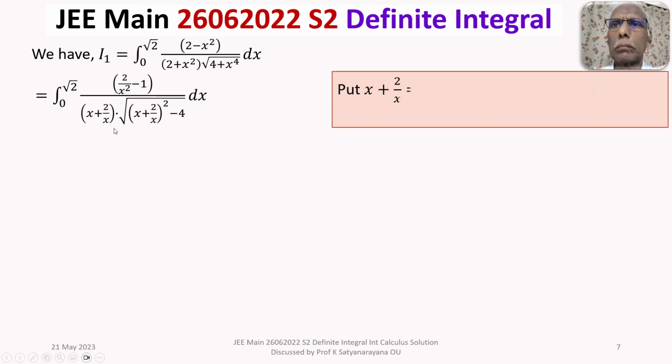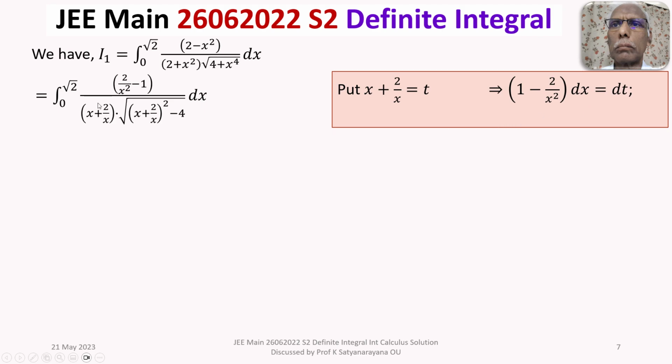Now substitute x plus 2 by x as t. In the denominator, x plus 2 by x is there, and under the square root also, there is (x plus 2 by x) whole square. The derivative of x plus 2 by x is 1 minus 2 by x square, with respect to x, equal to dt when you differentiate.